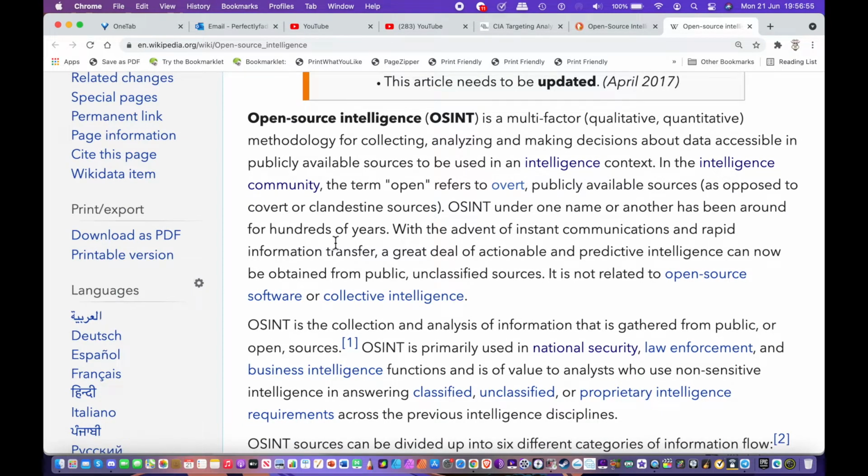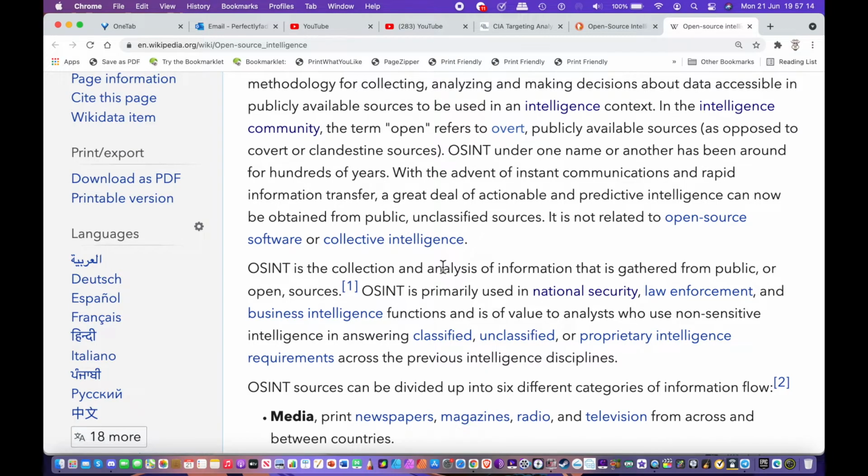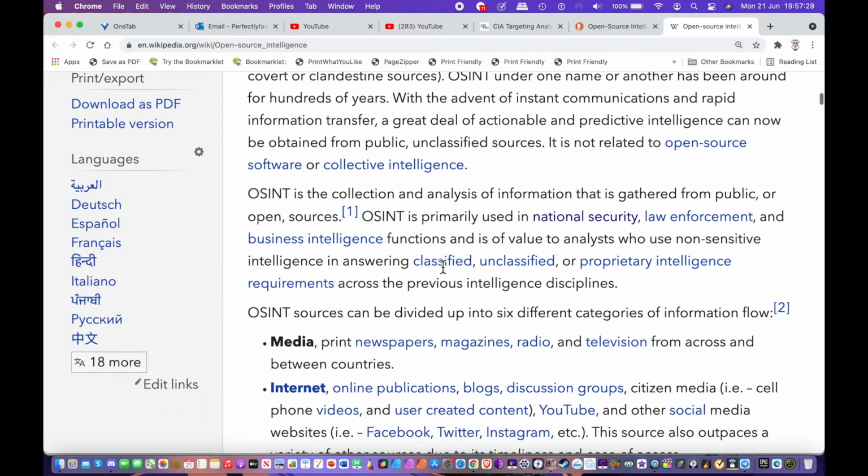OSINT, under one name or another, has been around for hundreds of years. With the advent of instant communications with rapid information transfer, a great deal of actionable and predictive intelligence can now be obtained from public, unclassified sources. It is not related to open source software or collective intelligence.